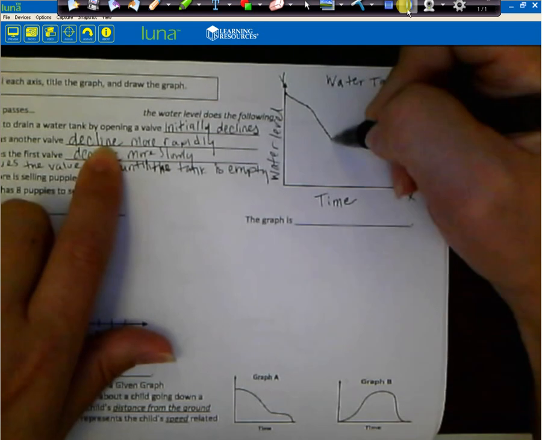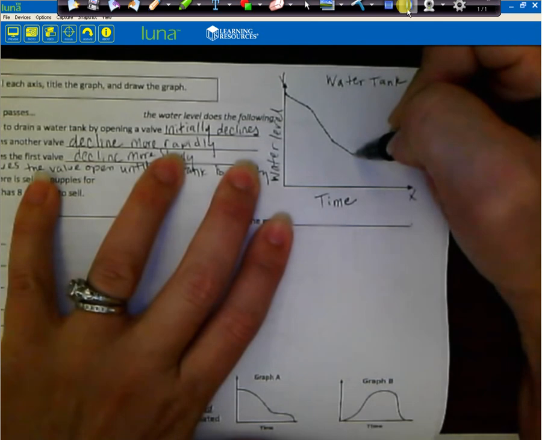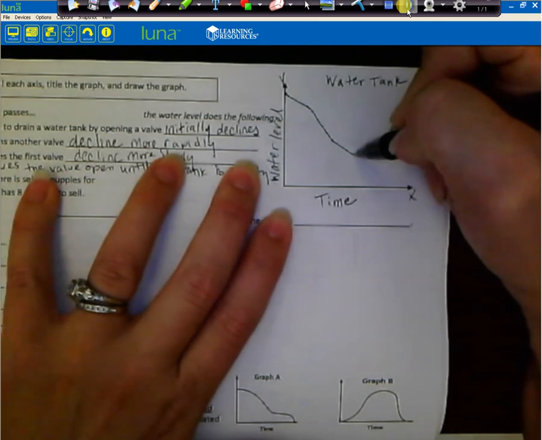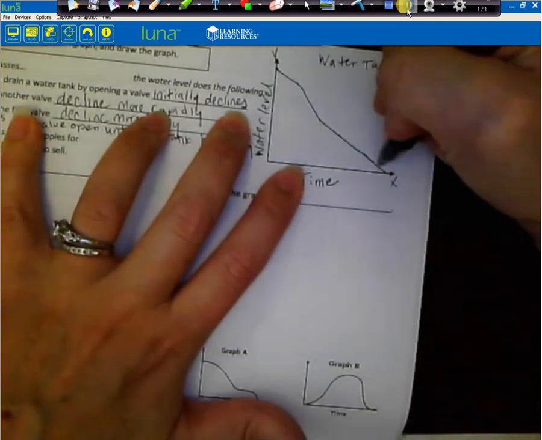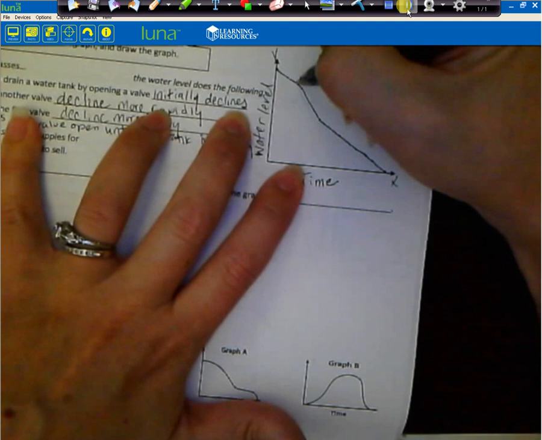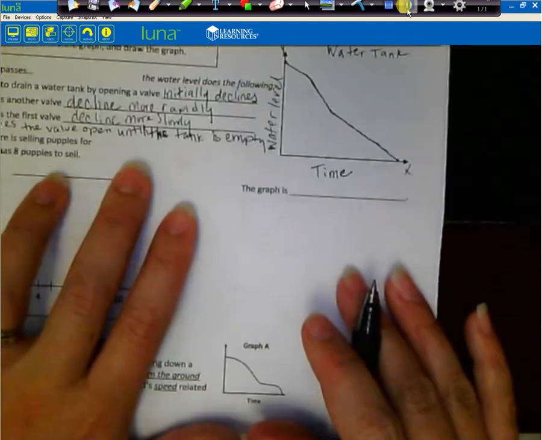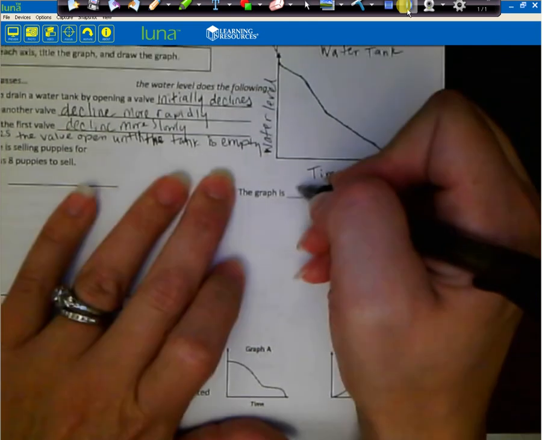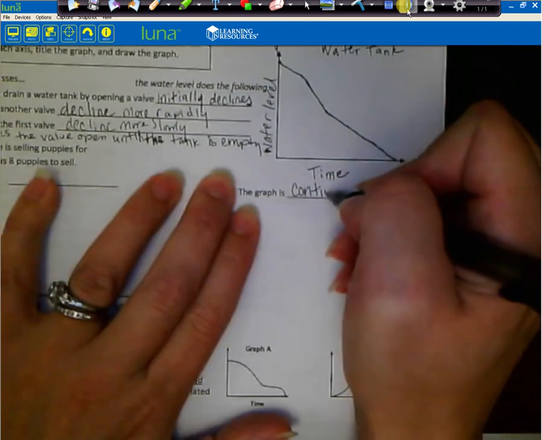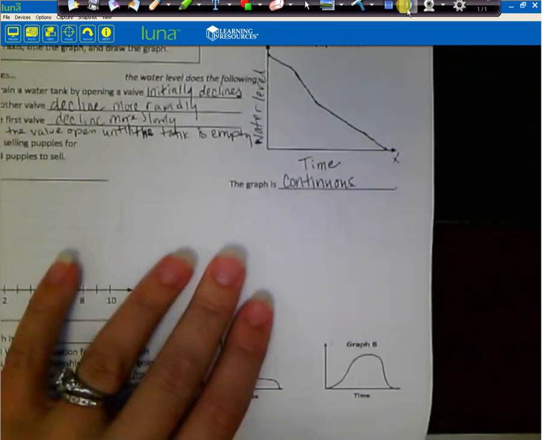Then he closes the first valve, so we go back to one valve being open and it declines more slowly. And he continues at that rate until we reach 0. So you have a sharp decline, you have a slow decline, a sharp decline, and then it slowly drains out to 0. This graph has a continuous line, a line that continues on. So write the word continuous there in the blank. This graph is continuous.